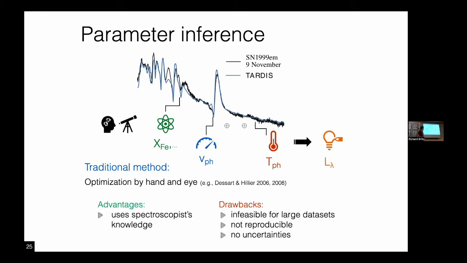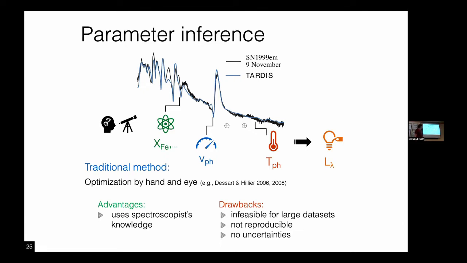The advantage is that if an experienced person is doing that, you can arrive at very good fits, because the person has the understanding of which knobs to turn. But the disadvantage is that it's very time consuming. It's impossible to do this for a large amount of data.